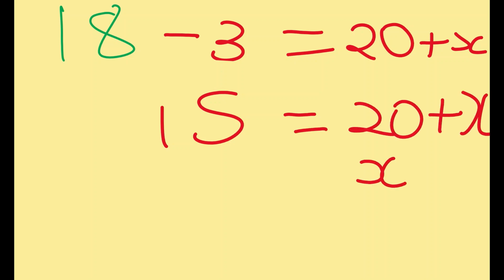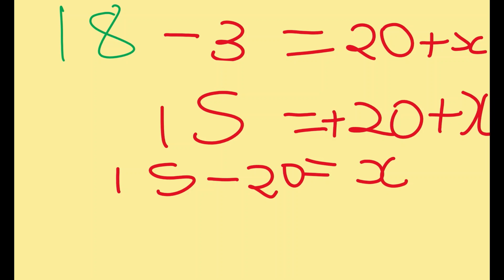So x is equal to 15 minus 20, because here it's plus, which is minus 5. Hence x is equal to minus 5, and the problem is solved.